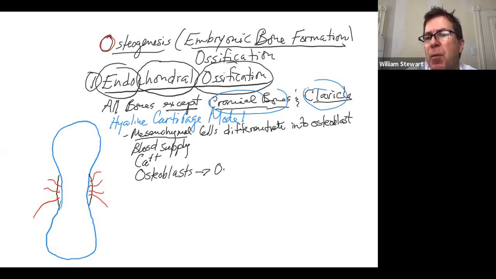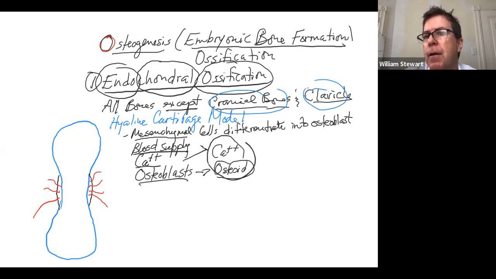That's kind of the recipe for new bone tissue. The blood brings the calcium to the area, so we have calcification, and osteoblasts secrete this stuff, and when these two combine, we get new bone tissue.